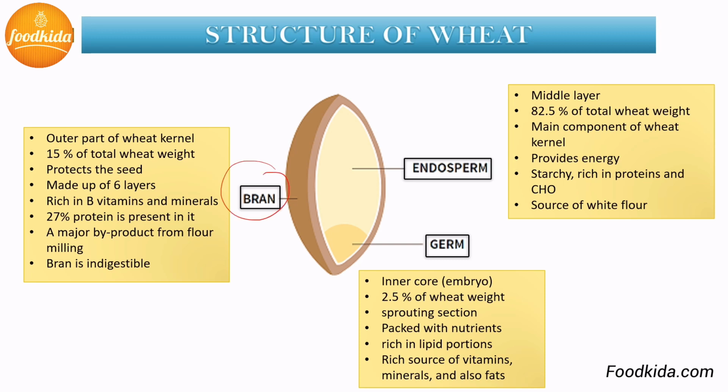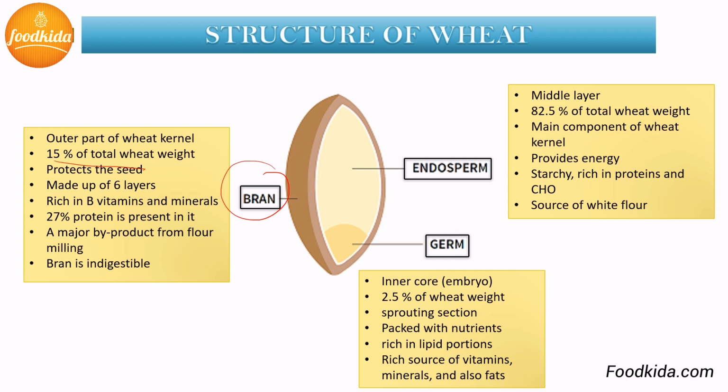Bran. Bran is the hard brownish multi-layered outer protective layer of the grain. It surrounds germ and endosperm, protecting the grain from weather, insects, mold and bacteria, and it's about 15% of the kernel weight. Bran is highly nutritious and an excellent source of insoluble fiber.